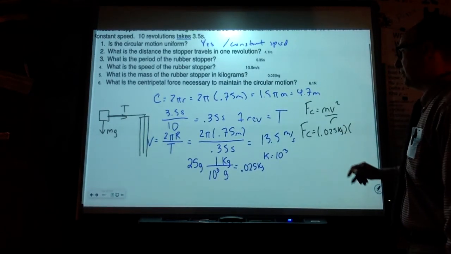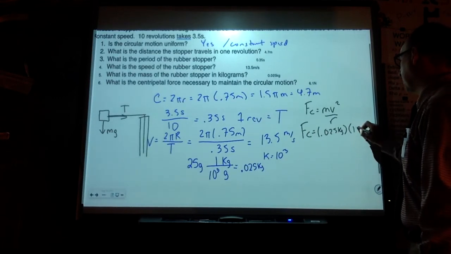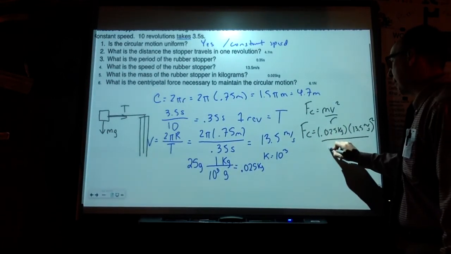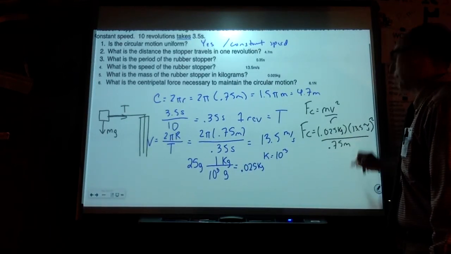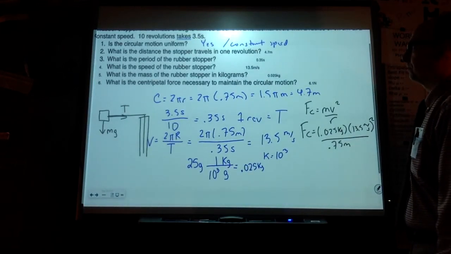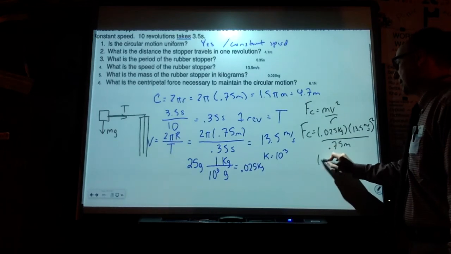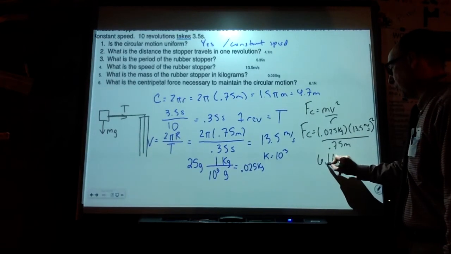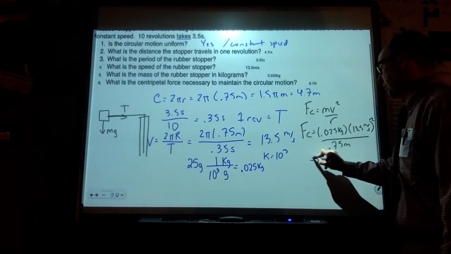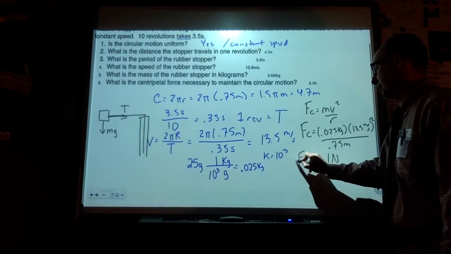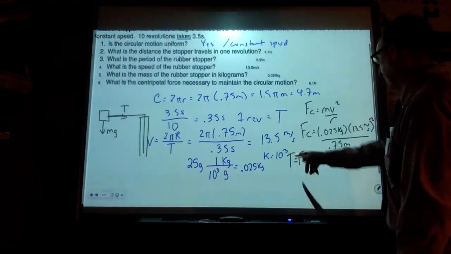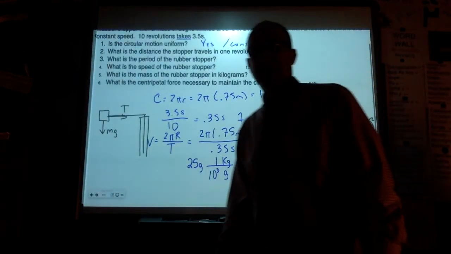The speed that we solved for, which we said was 13.5 meters per second, that's squared, divided by 0.75. And this ends up being 6.1 newtons. So this is going to be our centripetal force. And for us, this is going to be our tension.